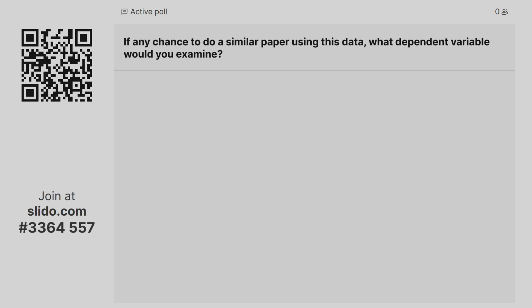We have some critique on that. And what's your idea? If you do it again, which dimension will you use? You can pick one term, two terms, three terms. All are acceptable.